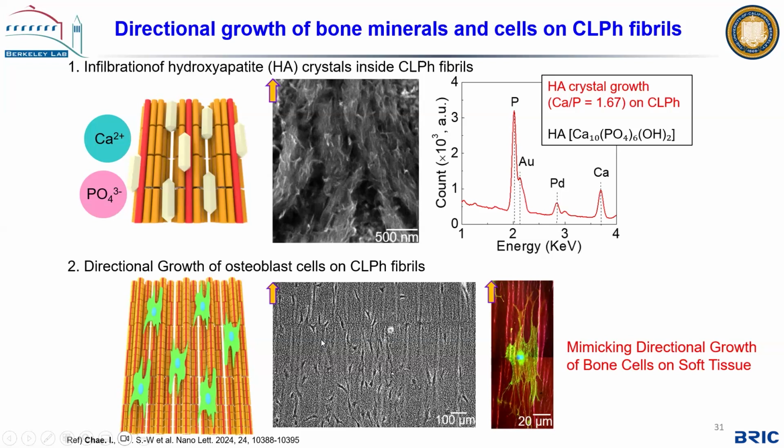So these cells could feel this physical cue from the alignment of the fibers, and they grow along the fibers, and we could make this directional order of the cells, of the bone cells on this fibrillar template, and also make this directional order of the crystals along the fibers.